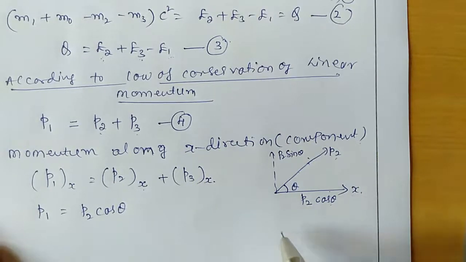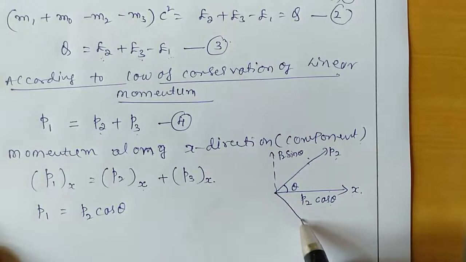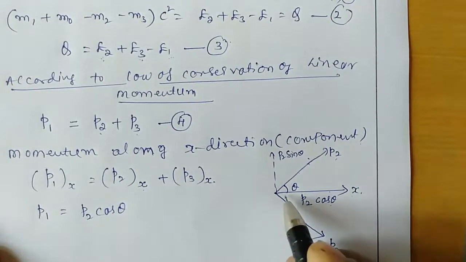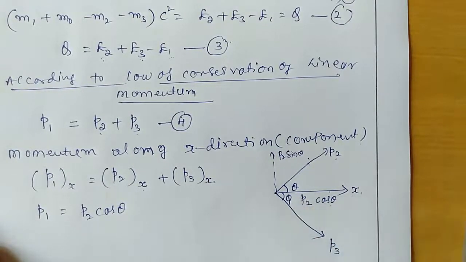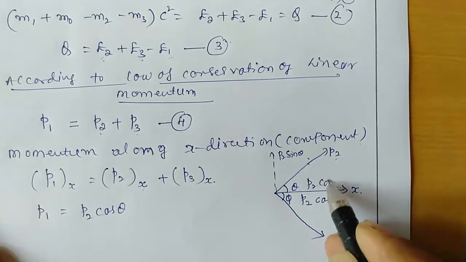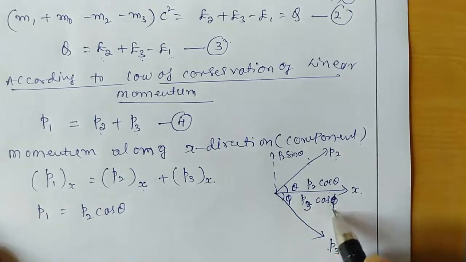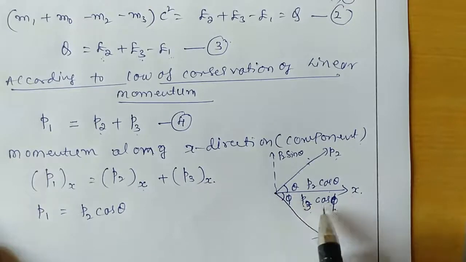So similarly we have this residual nucleus which is having a momentum of P3. So this residual nucleus is making an angle of pi with the x-axis. So therefore I'll write the component of this P3 along the x direction as P3 into cos pi.